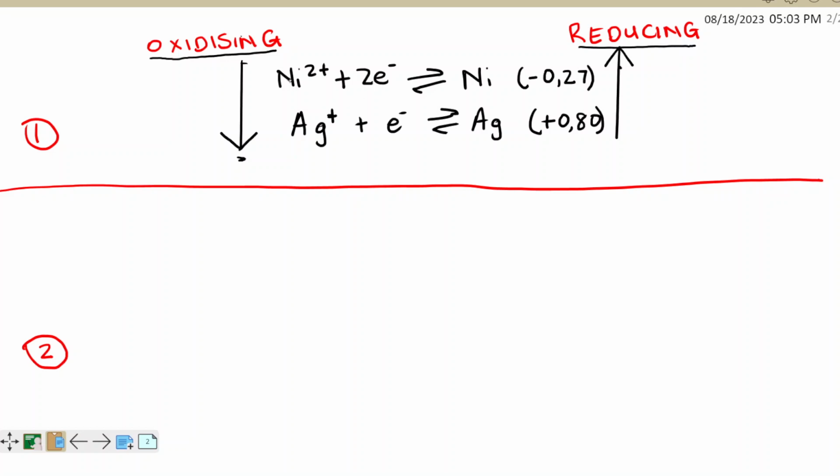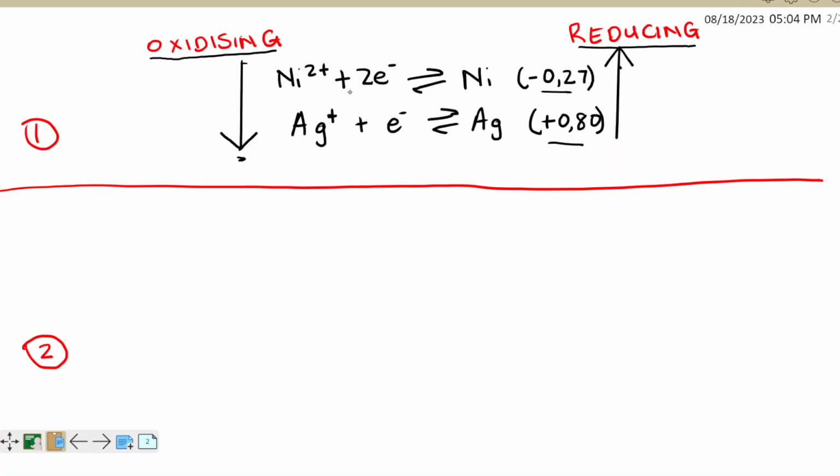So the first equation that we had was that of nickel, nickel 2 plus 2 electrons, which produces nickel in a solid form, and it had that negative 0.27 volts. The second one, which was below, was Ag plus 1 electron to give us the Ag in a solid form, which had a potential of positive 0.80 volts.